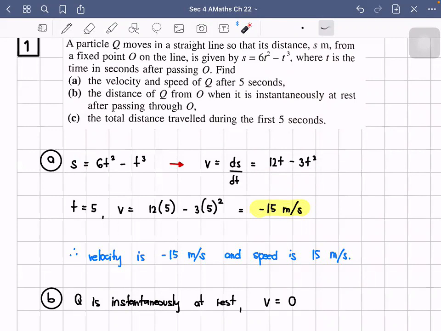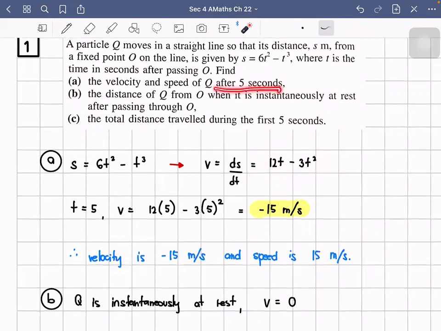Every time it's asking for velocity, we're going to use this, right? The question says after 5 seconds, so therefore time is 5 seconds. Sometimes the book adds a letter s here, but it's the same. t is equal to 5.